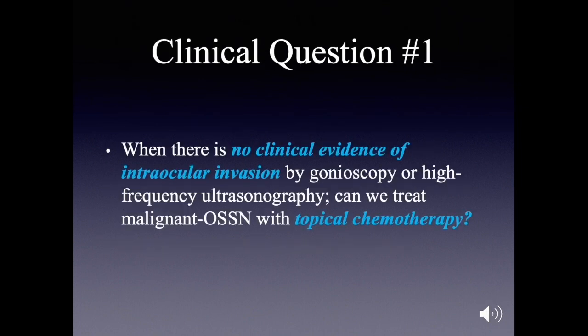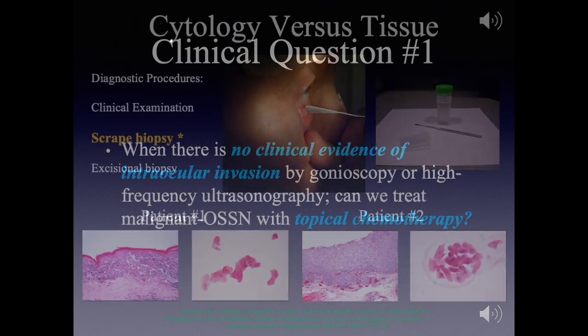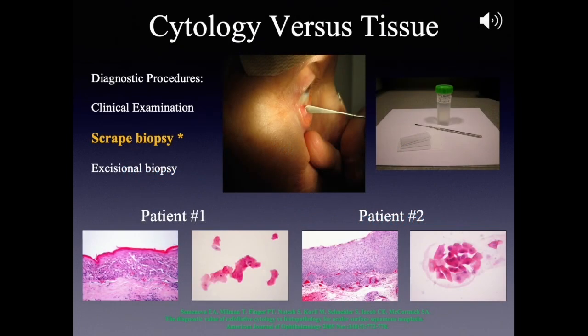Obviously, I'm asking all these questions because the next part of my lecture gets into my transition from operating on most of my patients with malignant ocular surface squamous neoplasia to the use of the relatively non-invasive and lower risk topical chemotherapy. Clearly, the advent and my experience with scrape cytology made my transition to topical chemotherapy easier.